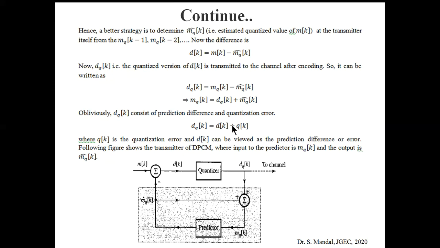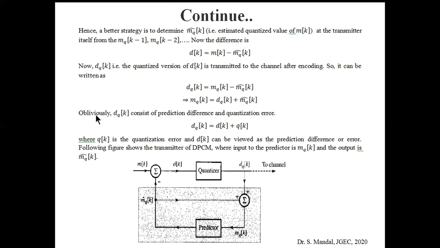After using the quantizer, it becomes dqk, so dqk equals mqk minus mqk cap. If we quantize this equation, all the parts will be quantized. So now mqk is nothing but dqk plus mqk cap.